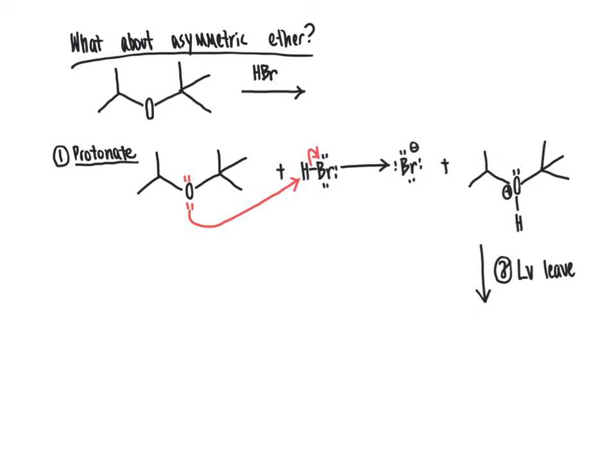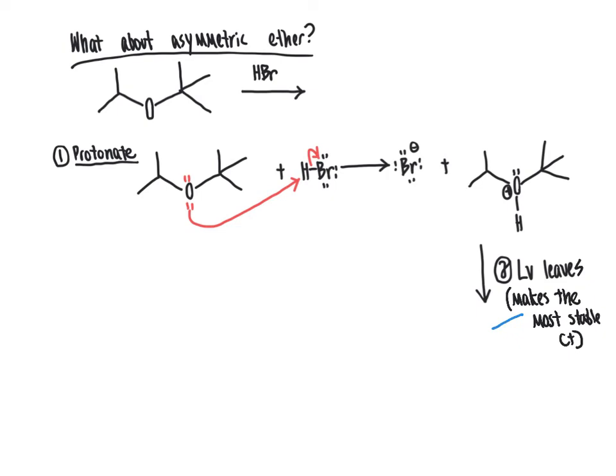The other option is that we could break the carbon-oxygen bond here to create a carbocation right here where I'm circling. The route that we want to take when the leaving group leaves is to make the most stable carbocation possible.